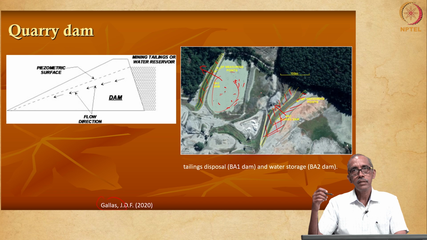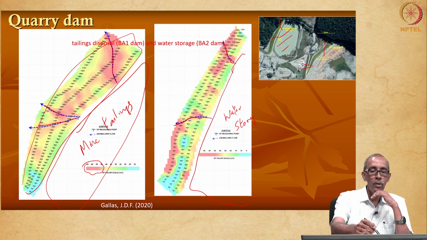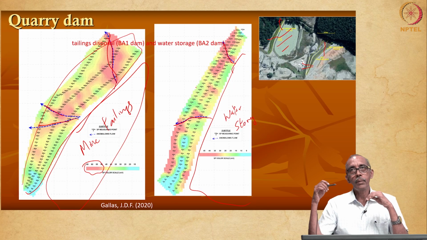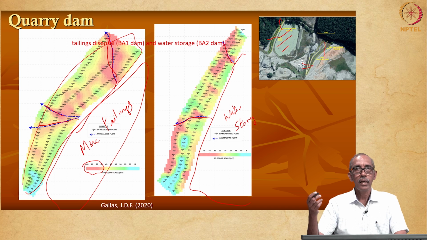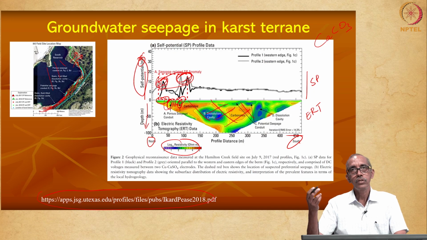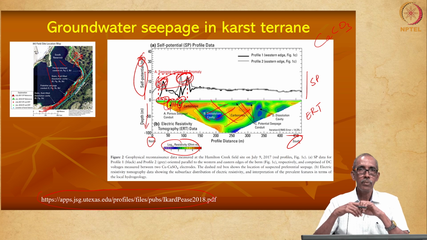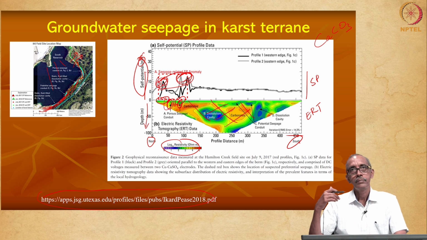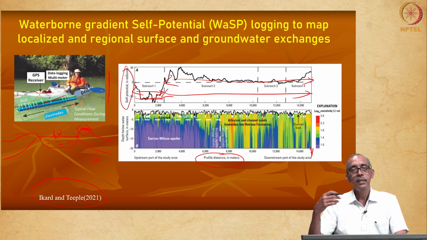Similarly, in another case, we tried to understand how seepage is taking place from a water reservoir, and toward the end we also saw how a combination of both electrical resistivity and cell potential methods is used to understand leakage from a reservoir. In the last study, we saw how we are able to understand the interaction between groundwater and surface water by the cell potential method.